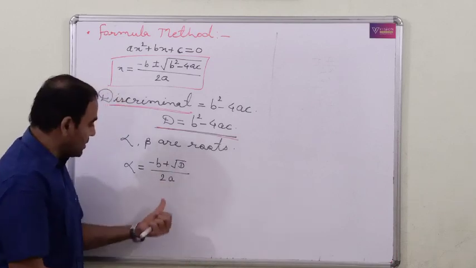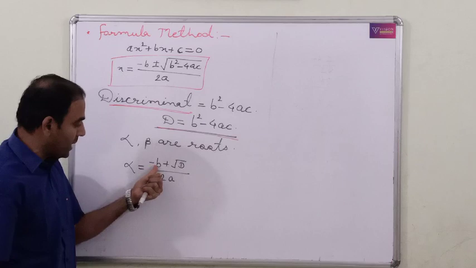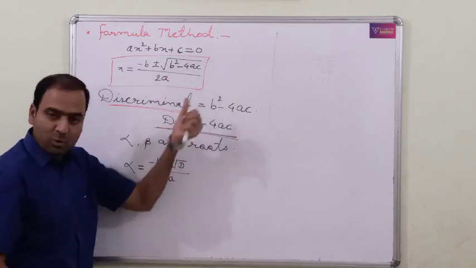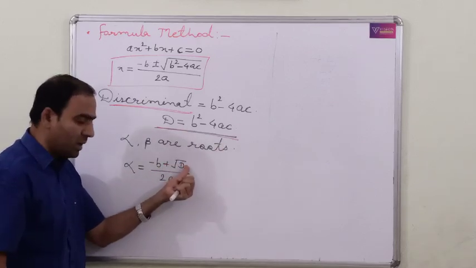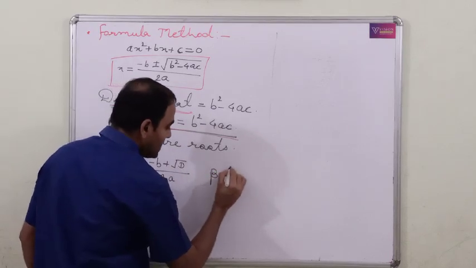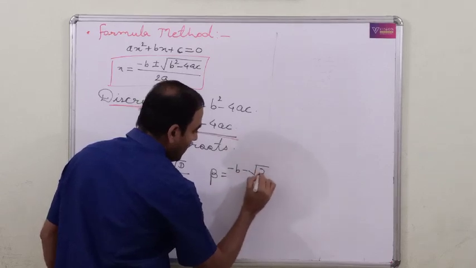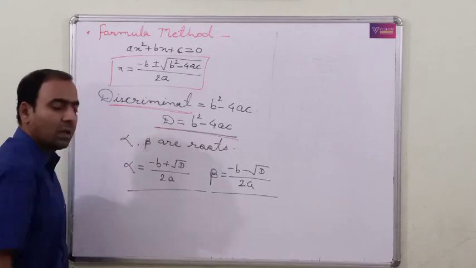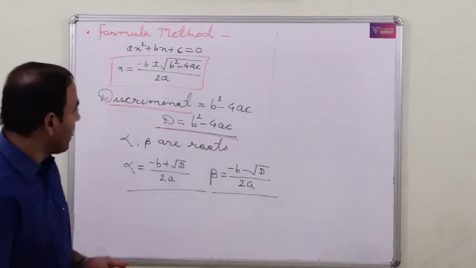Okay, so plus को जो है वो अल्फा देते हैं. Alpha is equal to minus b plus under root b square minus 4ac, which is called the discriminant and denoted by D. So I am taking the plus under root discriminant upon 2a, and beta is equal to minus b minus under root discriminant upon 2a. These are the roots of the given equation. Have you got it?